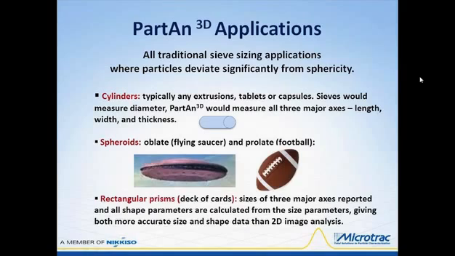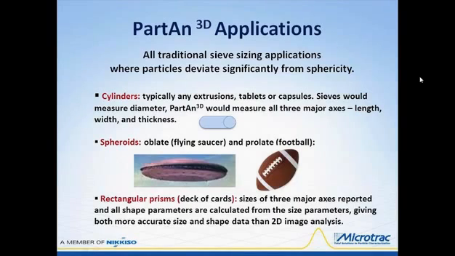The 3 major categories are listed below: cylindrically shaped particles, spheroidal particles, and rectangular prisms. Sieves measure the middle dimension, width, which for cylinders is the diameter. The Partan measures all 3 dimensions, from which all the shape parameters can be calculated.